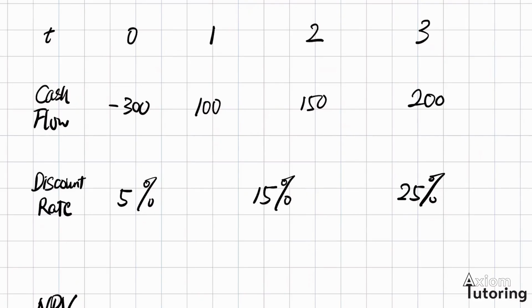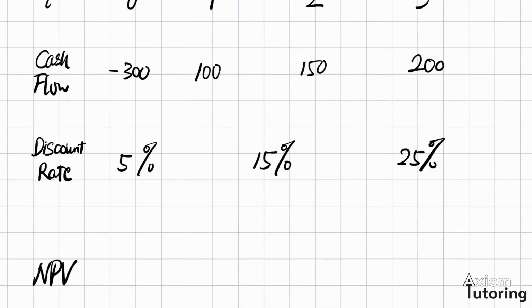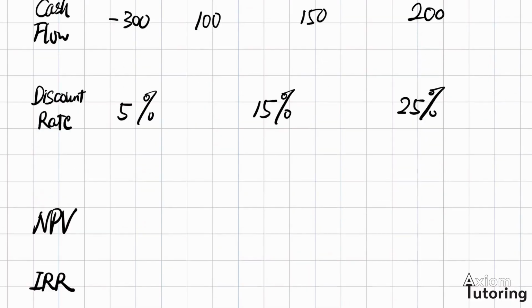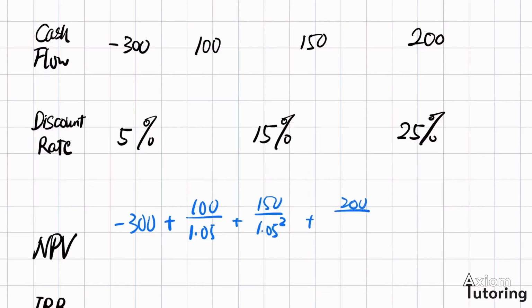Okay, so from the previous videos, you should be able to know how to calculate the net present value for any cash flows here. So let's take a look. If I use the discount rate of 5%, then the NPV is going to be minus 300 plus 100 divided by 1.05 plus 150 divided by 1.05 to the power of 2 plus 200 divided by 1.05 to the power of 3.